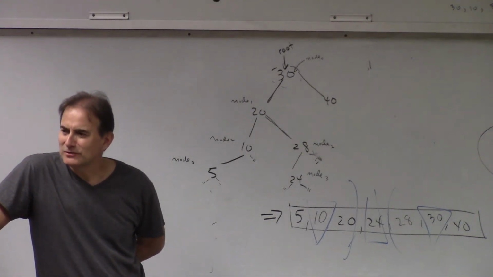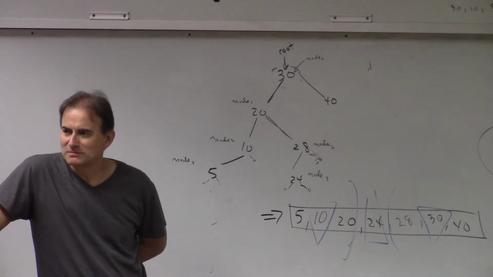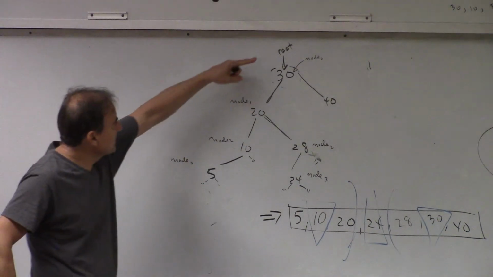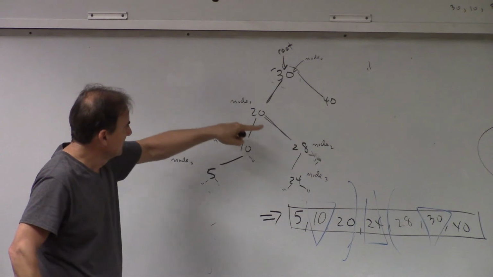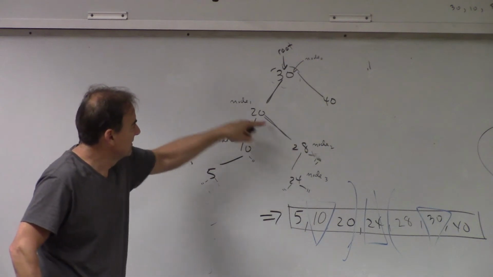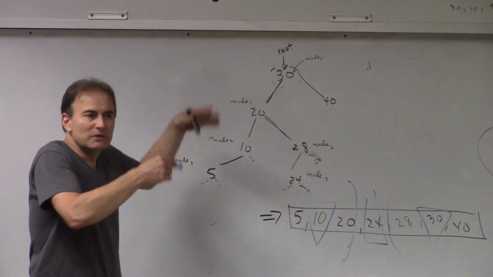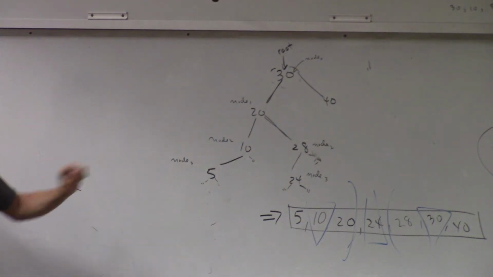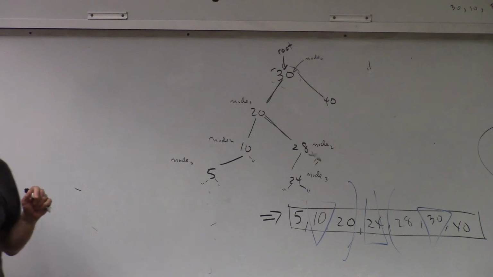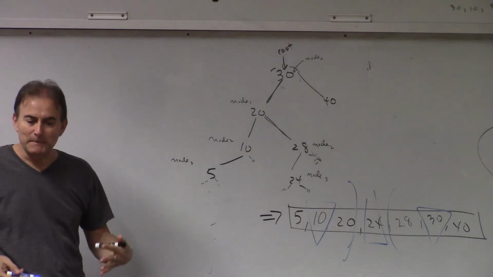Was a log involved there, or was an n squared involved there? No, pretty much we just went around the tree once or twice. So theta n. So the complexity of this is n. Now, the next complexity is going to be how do you build a balanced tree?